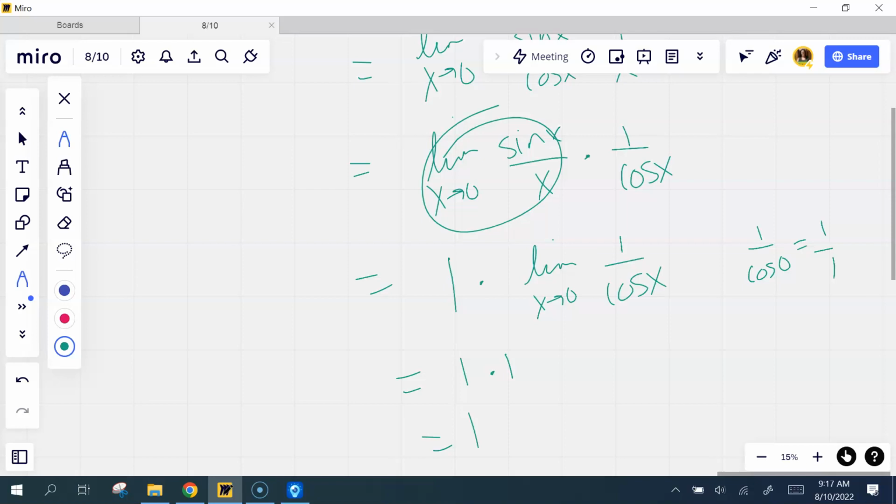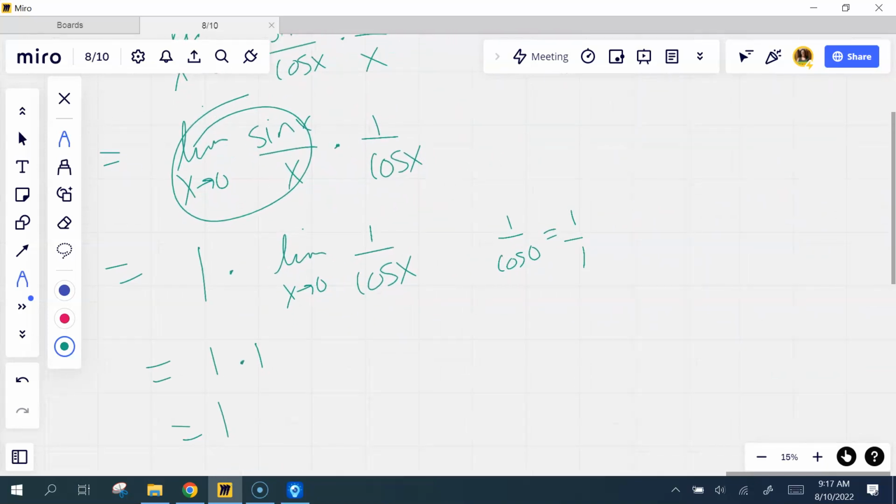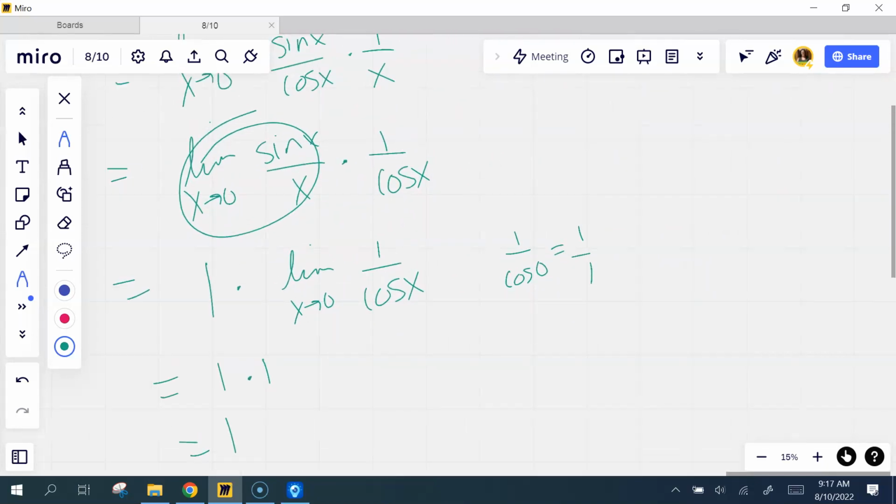See how we manipulated that some? I know that right now your brain's not going to go to that, but I'm going to try to get your brain trained to go in that direction as we look at these. If you graph it, you will see that it does indeed go to 1. It's a funky graph.